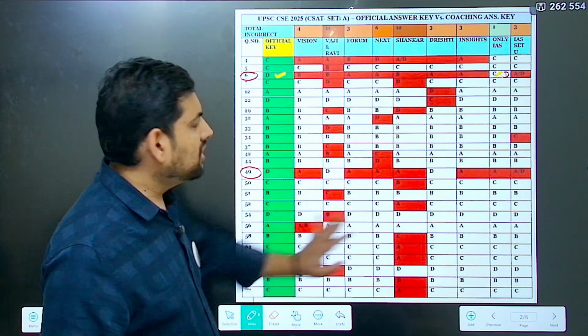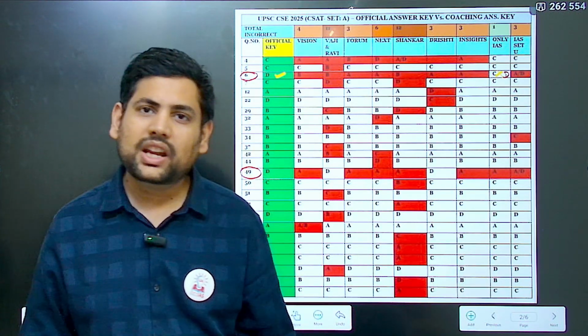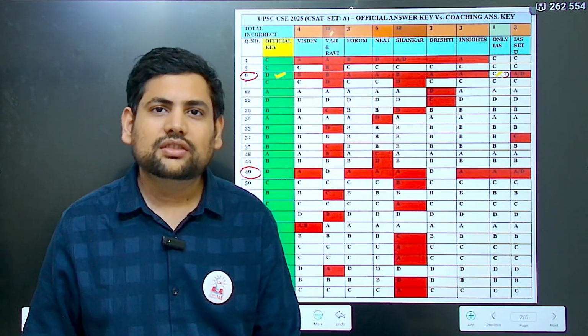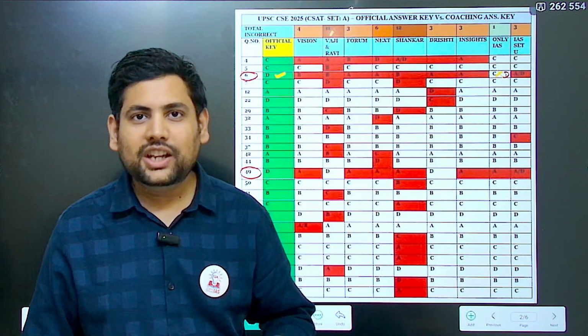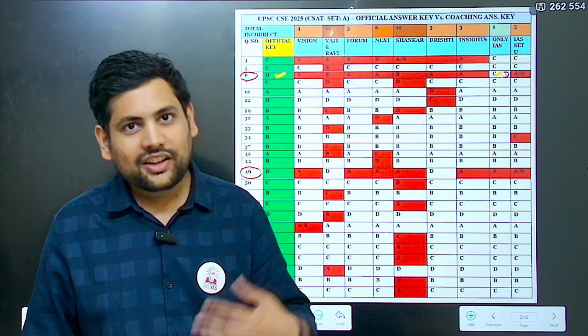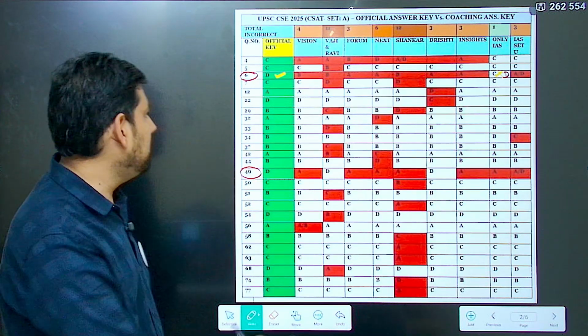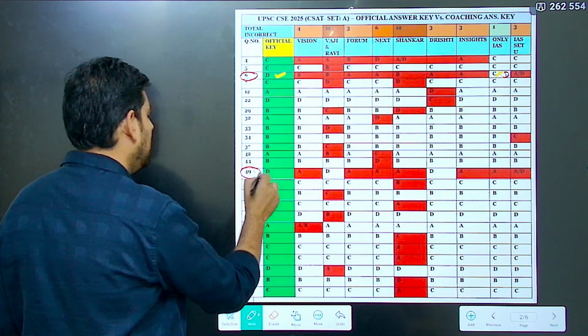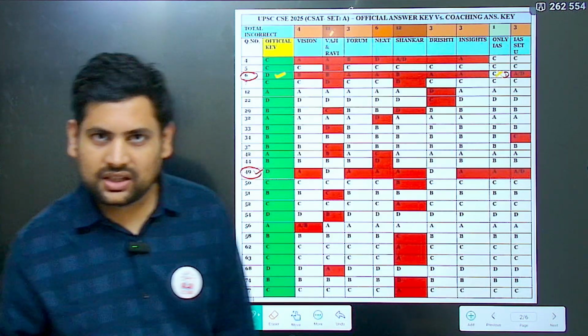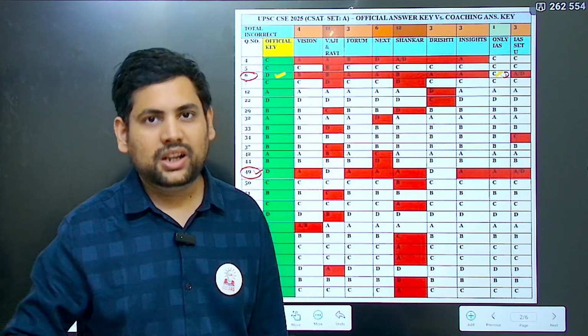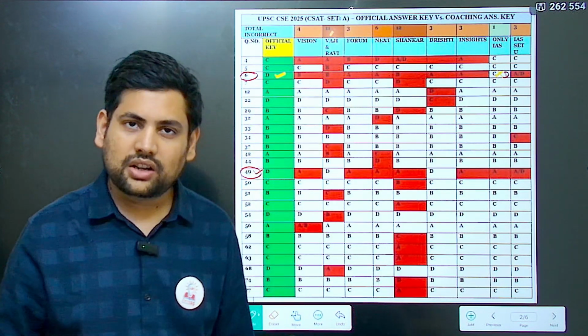Some year some institution may have got more, some year less. This is a cycle. So don't be too inspired or demotivated because of it. What we need to understand is mainly the mathematics and reasoning part, because here UPSC is actually setting a precedent that we'll try to understand.